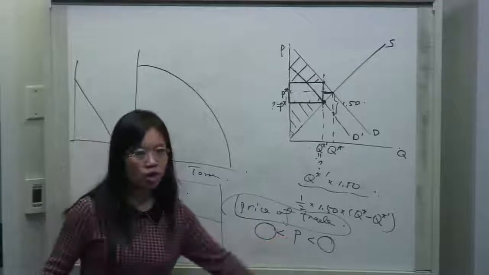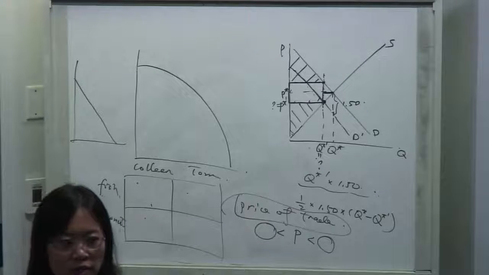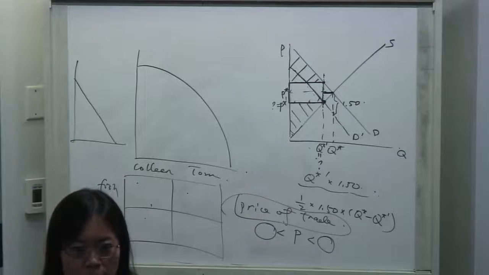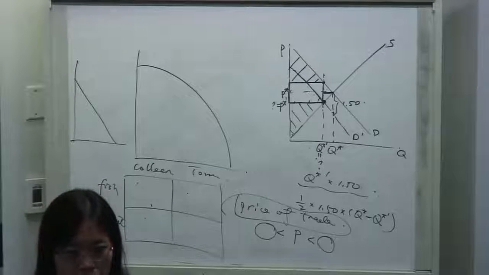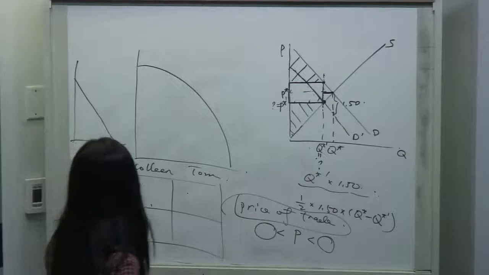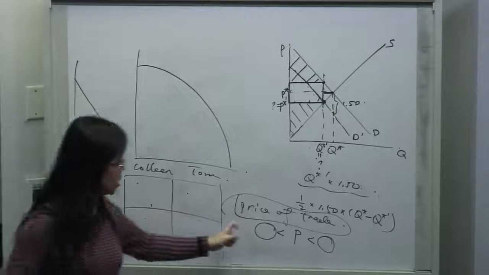How do we find the lower and upper bound of this price of exchange? You guys remember? Slope of the PPF. Okay, you draw the PPF and you find the slope, and that should be here.